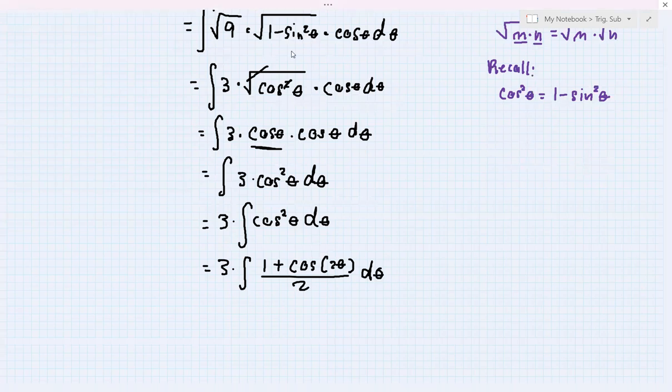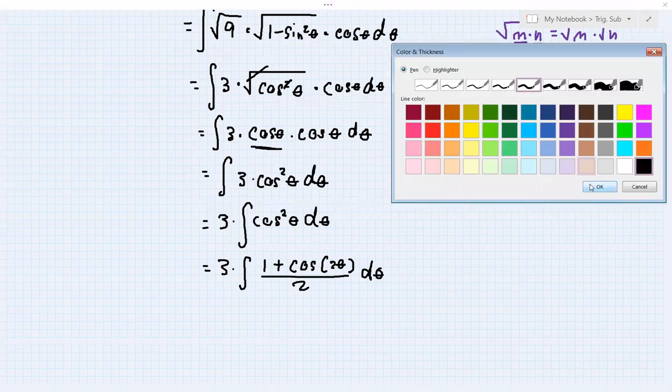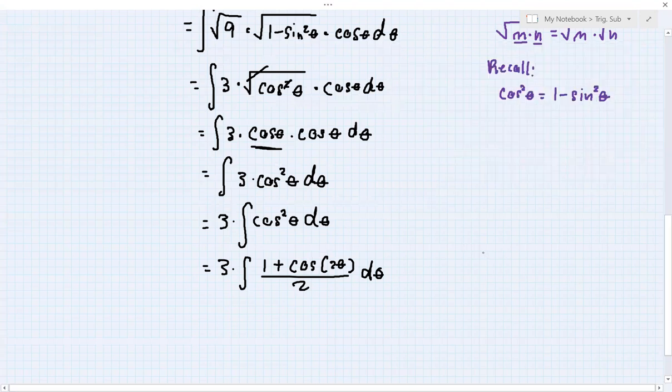So, paano to nangyari? How does this happen? Itong si cosine squared theta nagiging 1 plus cosine of 2 theta over 2. So, recall natin, this is one of the multiple angle identities.